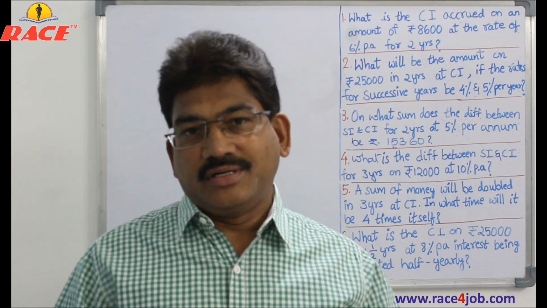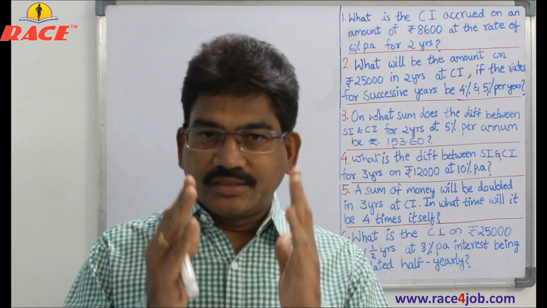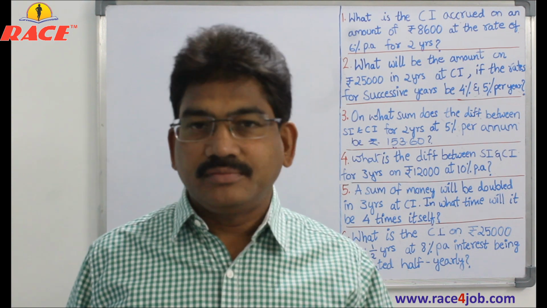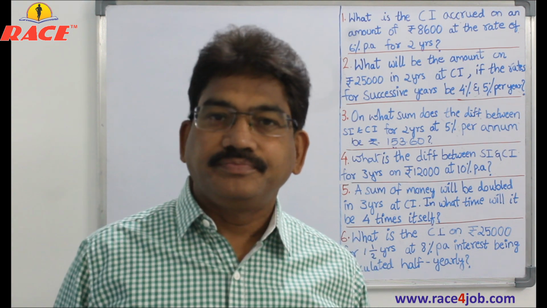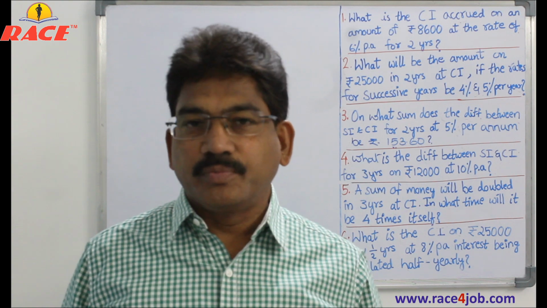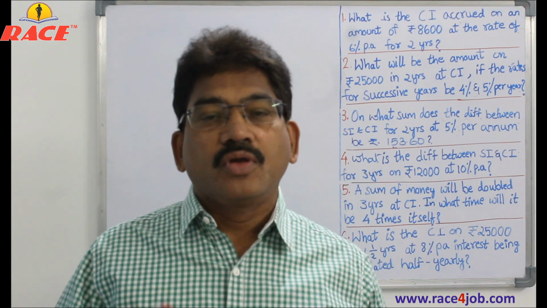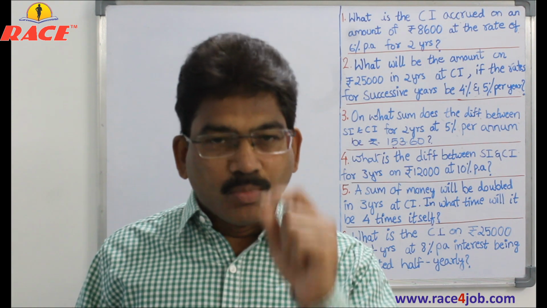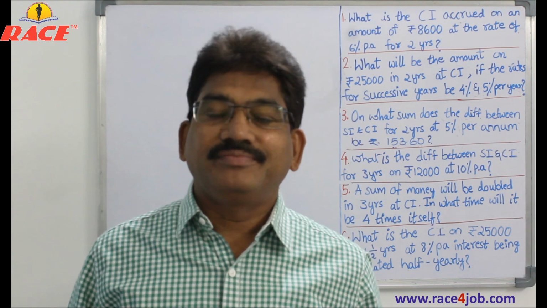Now what is compound interest? We calculate interest for the first period, say first year, and we add that to principal, that becomes amount. For the next period or next year, that amount will become the principal.